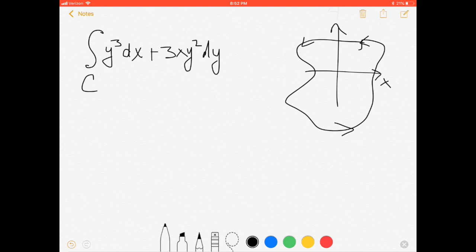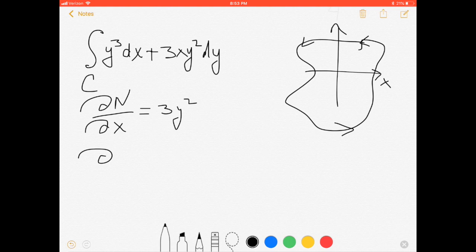But if we start checking our functions, what do you have? dN/dx will be 3y squared, and dM/dy will be 3y squared.